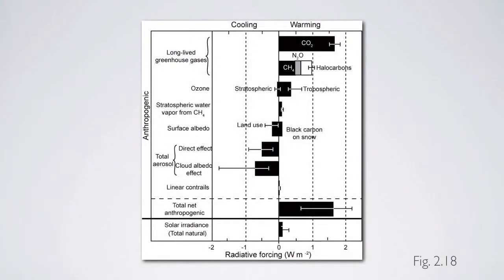Here's figure 2.18 again, and here's the warming potential of CO2, and here is methane. And you can see that the amount of radiative forcing associated with N2O increases is similar in magnitude to methane. It's less than methane, but it's still significant.